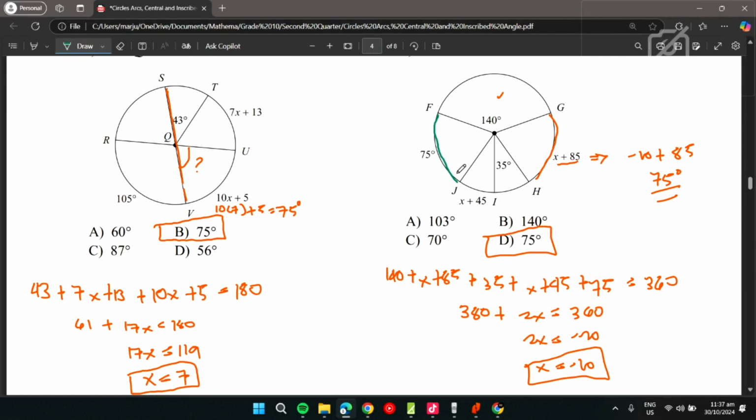How sure are you that they are equal? Paano mo nasabi that they are equal? What concept yung magbaback up sa atin that we are allowed to say that they are equal?